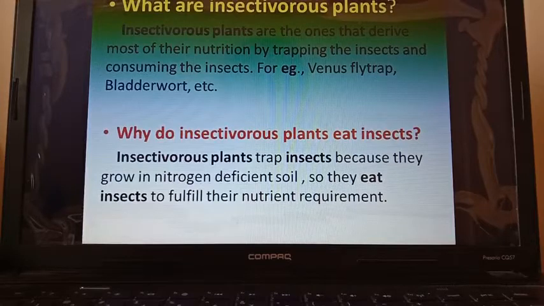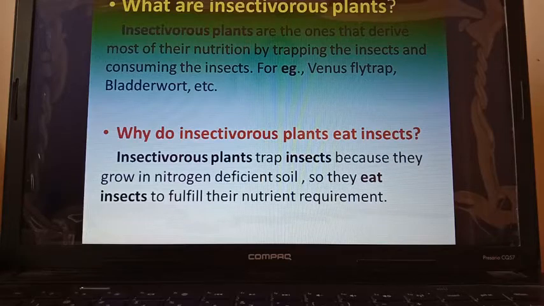So, insectivorous plants are the plants that can trap the insects and digest them to get nutrition from them. Examples, so many examples are there. Here a few are: Venus flytrap, butterwort.